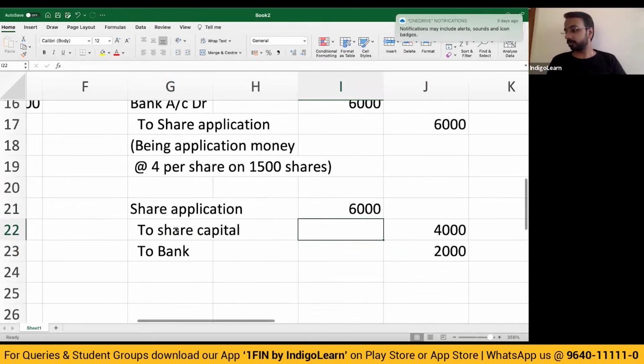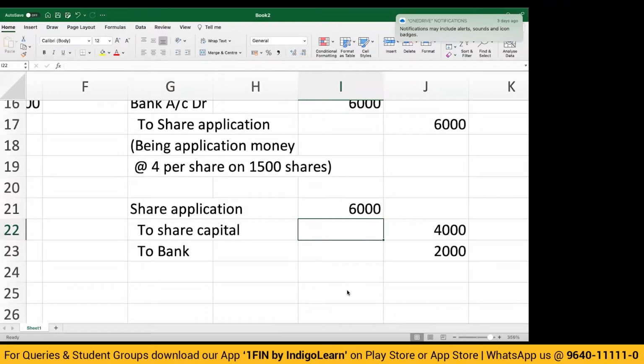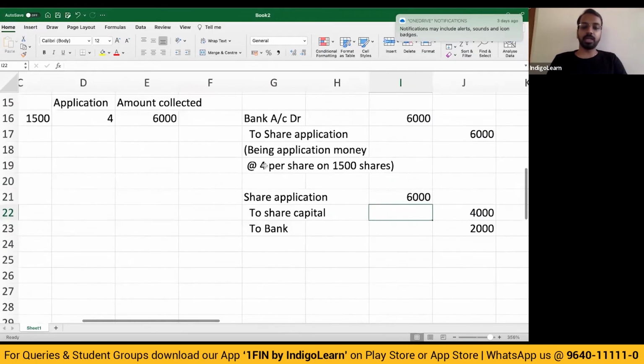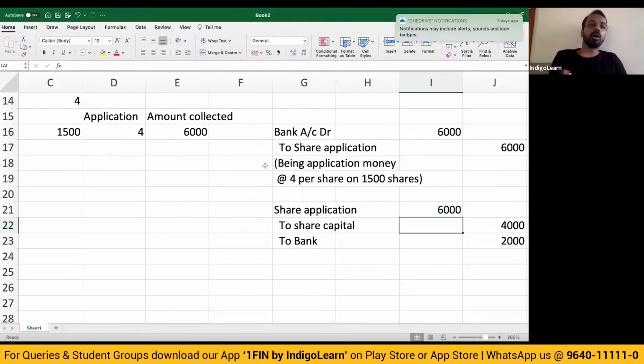Correct? Yes or no? Yes, sir. Right. Now, the other option that is available here is to transfer or adjust this amount which is due at the time of allotment.